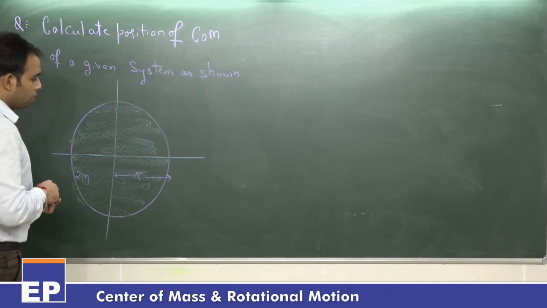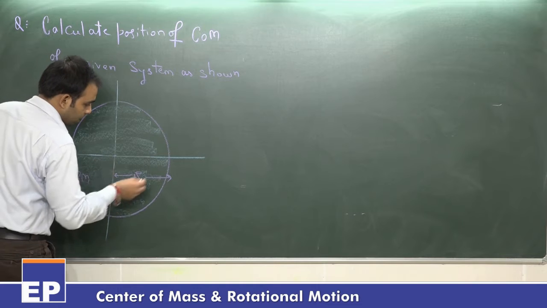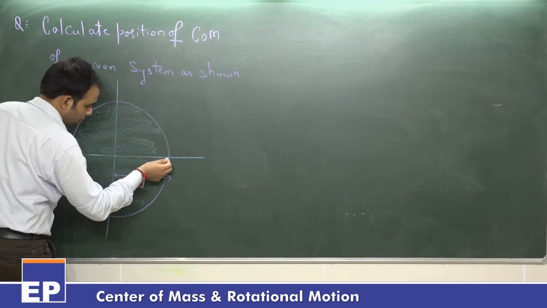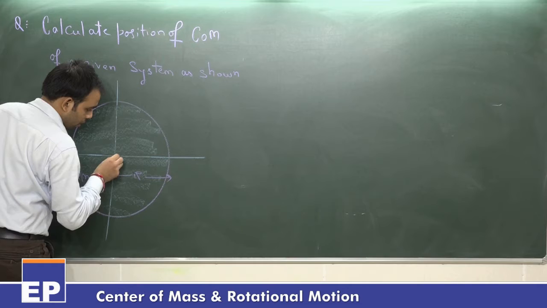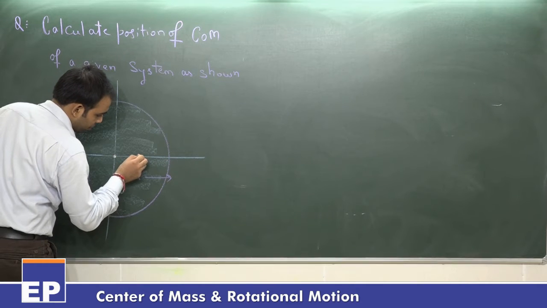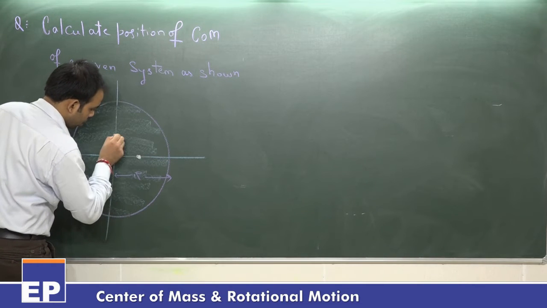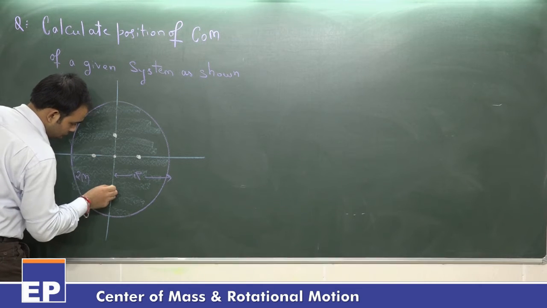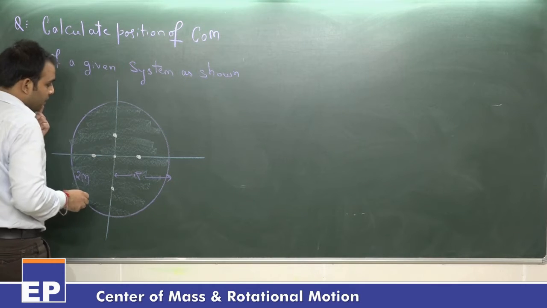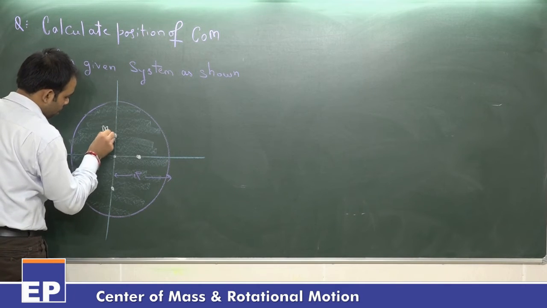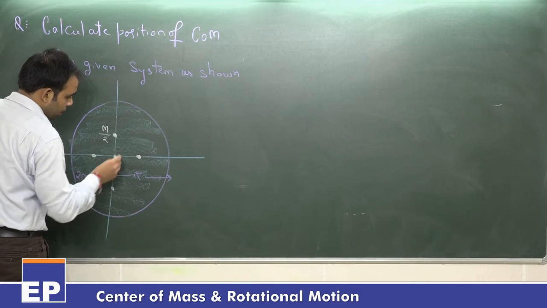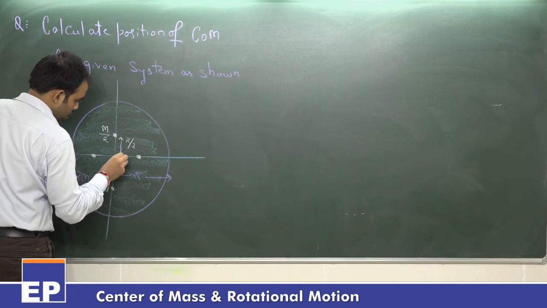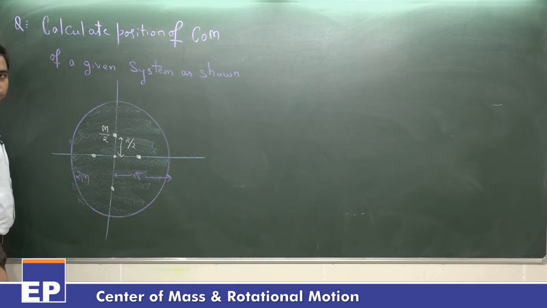Now here, इसके ऊपर हमने एक और डिस्क रखी हुई है छोटी सी, there are 4 masses placed on it, each of mass m by 2, and these are placed at a distance r by 2 from there, right?